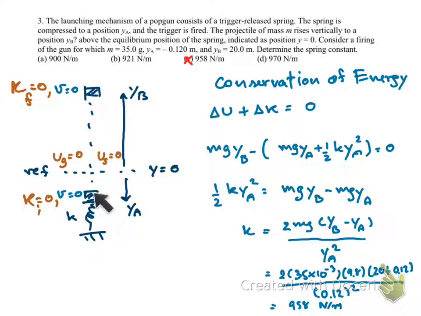Okay, please notice that at this point the object experiences the force from the spring, so we have to consider the elastic potential also. But at the final point, there is only the gravitational force on the object, so we have only the gravitational potential at the final point.